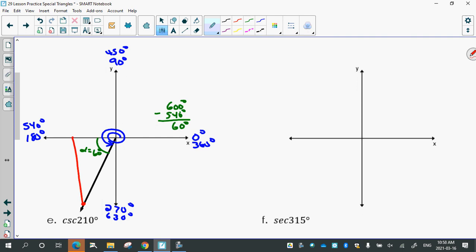Remember, for 60 and 30, the longer side is root 3 over 2, and the shorter side is 1/2. Okay, so r is going to be 1. Who thinks they know what x is going to be?